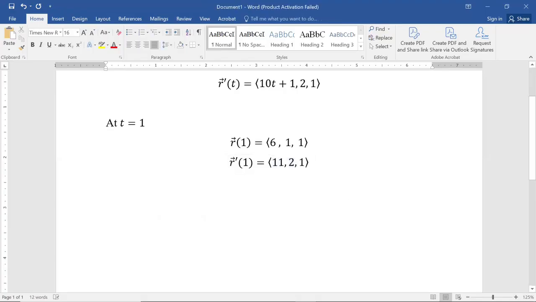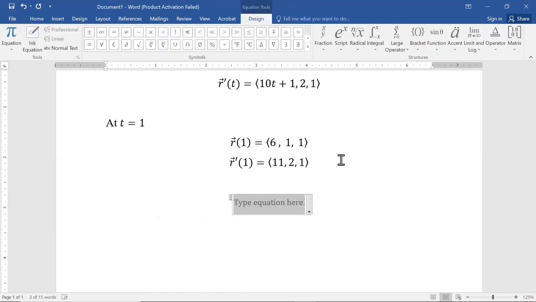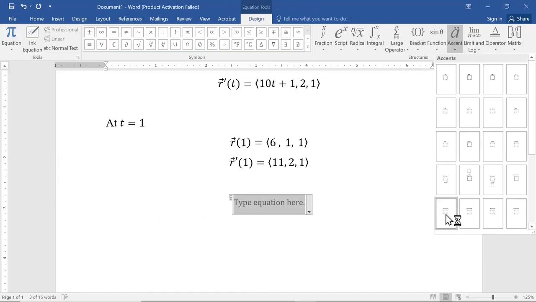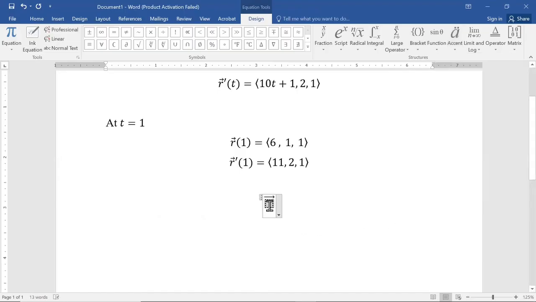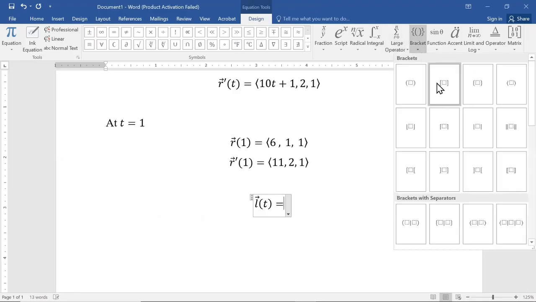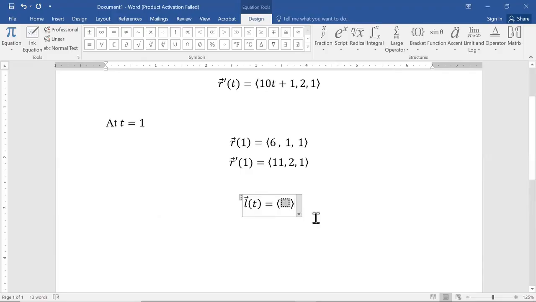And so that means that my tangent line at 1, let's properly write that. So my line is going to be, I can write this in numerous ways. I'm going to write it as a single expression. It's going to be this plus t times this.